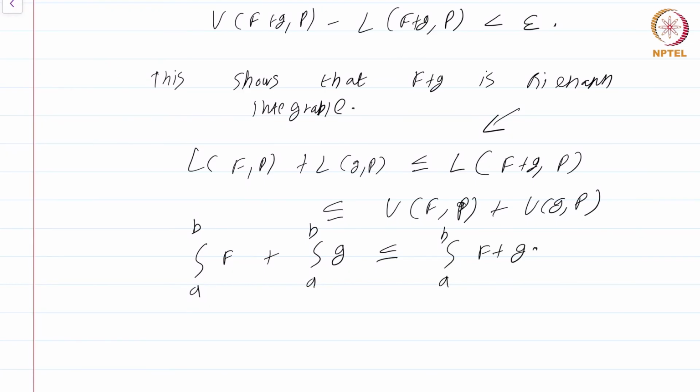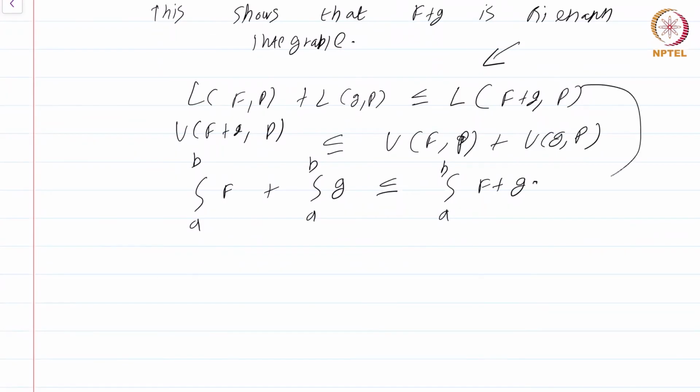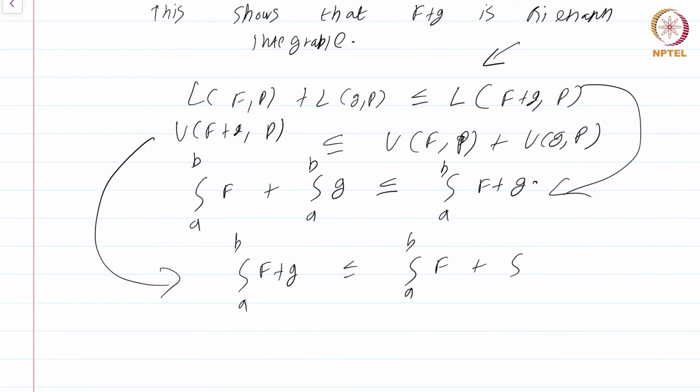Wait a second, I should write the other inequality also. That is U(f+g,P) is less than or equal to U(f,P) plus U(g,P). From this second inequality, taking infimum on both sides, you will get integral a to b f plus g is less than or equal to integral a to b f plus integral a to b g.